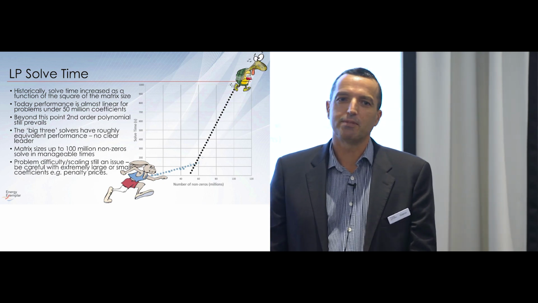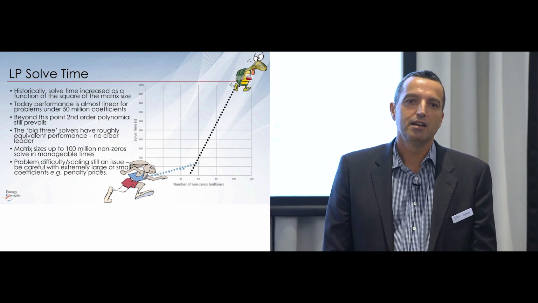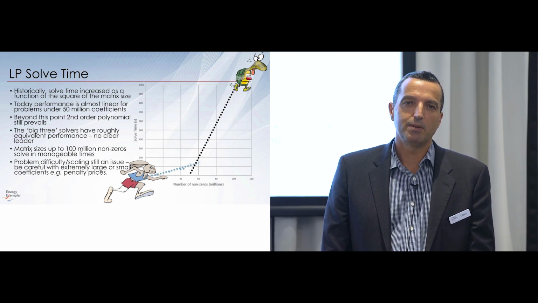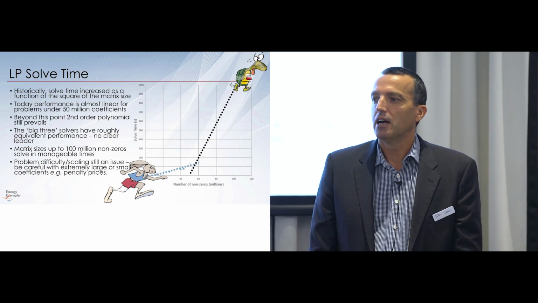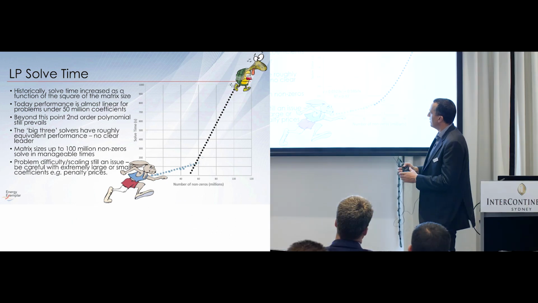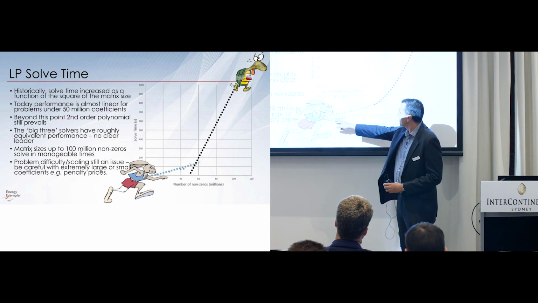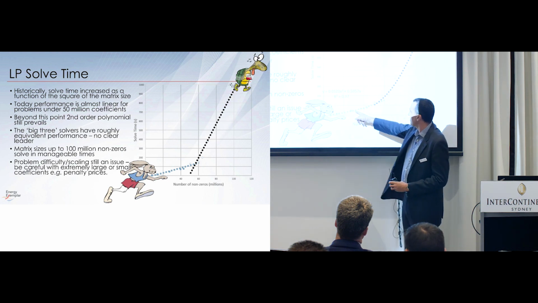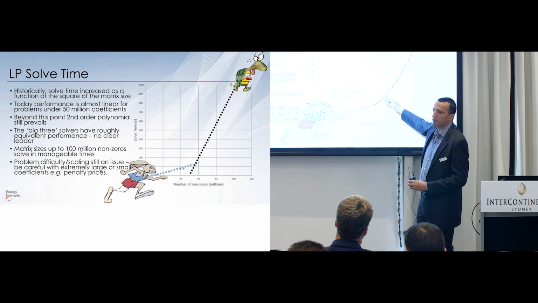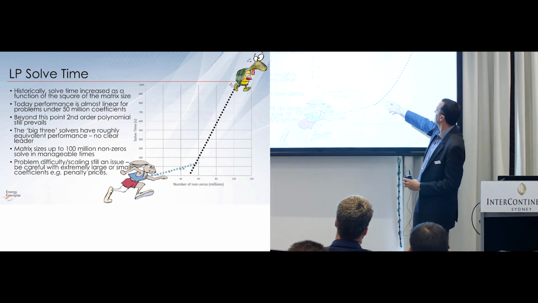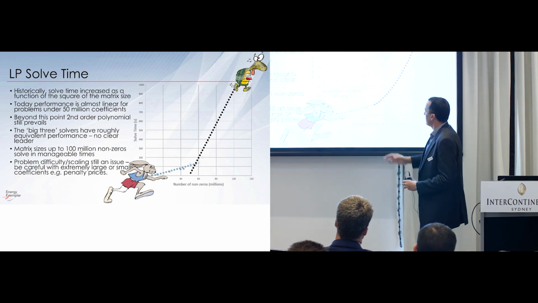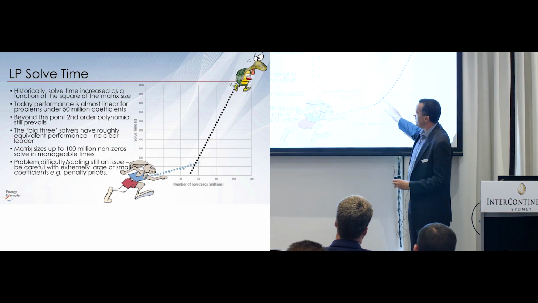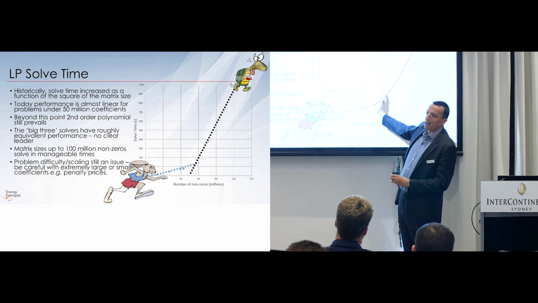But some advancements in parallelizing parts of the LP solution, and even simplex has been parallelized to a certain extent now, mean that in fact the solve time for LP is pretty much linear with the number of non-zeros up to a certain point, and then it reverts to a polynomial shape after that. So that's a really interesting result, in that it suggests that there's a sweet spot around here where we want to avoid going up the curve, right?